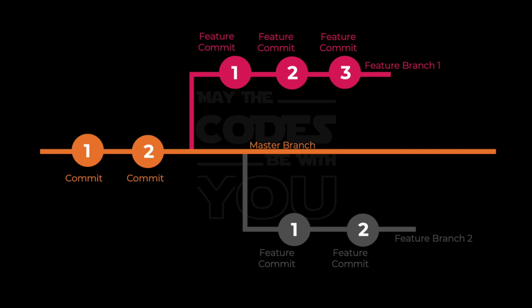For example, the person on feature branch 1 works on the front end, and the person on feature branch 2 works on the back end. This is how both people can contribute to the project at the same time without disturbing the original project, by creating 2 different branches.